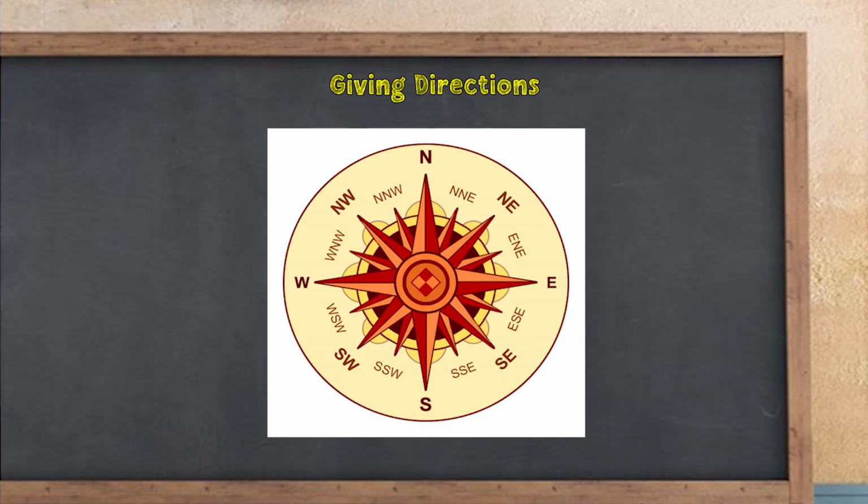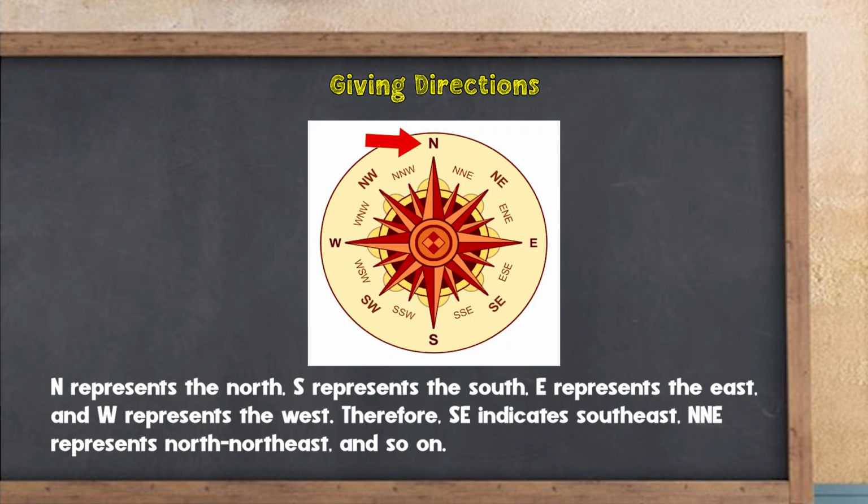Giving directions. The CSEC syllabus requires students to learn to give directions in terms of the 16 points of the compass shown on screen. In the diagram, wherever they appear, N represents north, as you should know. S represents south, E represents east, and W represents west.